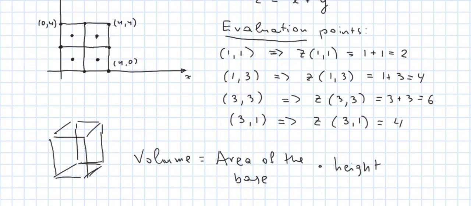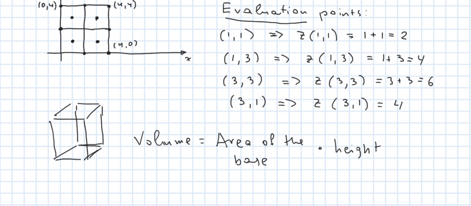Now here we have 4 small squares. They all are of equal size. Each square is a 2 by 2 square, and therefore the area of each small square is 4. And so all 4 columns have the exact same base area, which is equal to 2 times 2, 4.